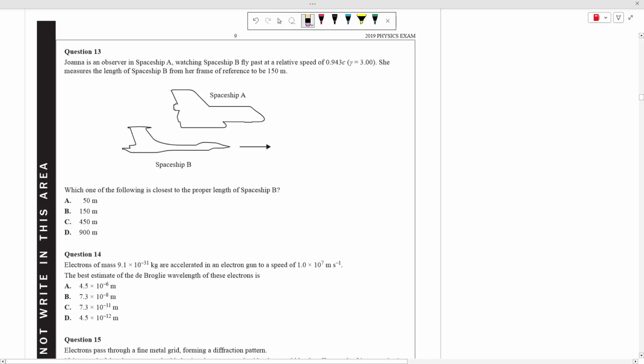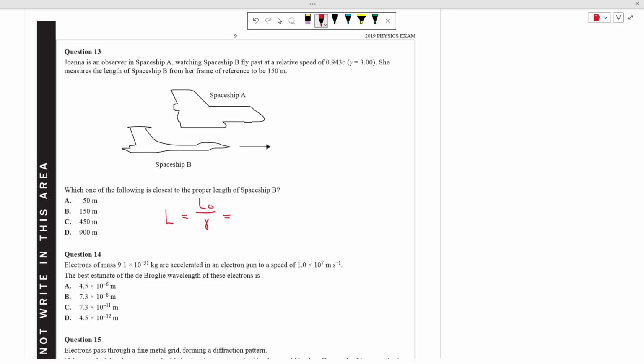Alright, so which one of the following is closest to the proper length of spaceship B? So it's saying that Joanna sees spaceship B fly past. So Joanna measures the contracted length. Now the formula relating contracted length to proper length is this.